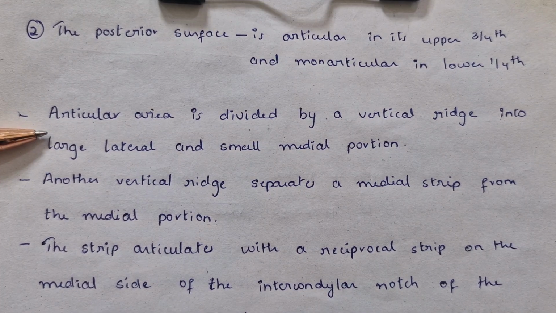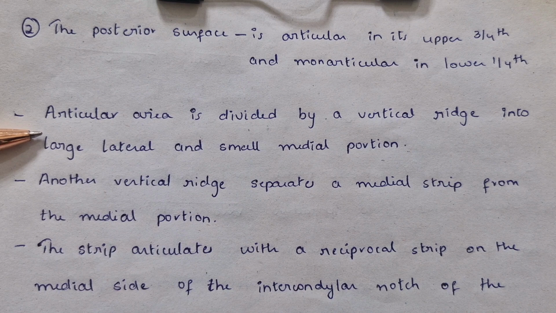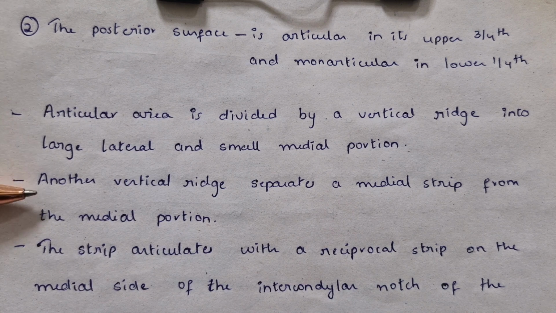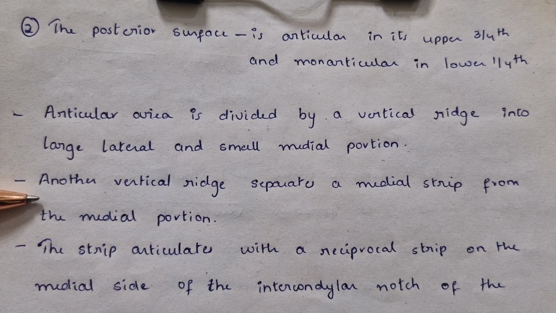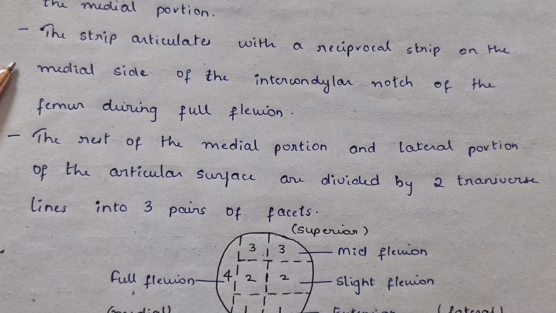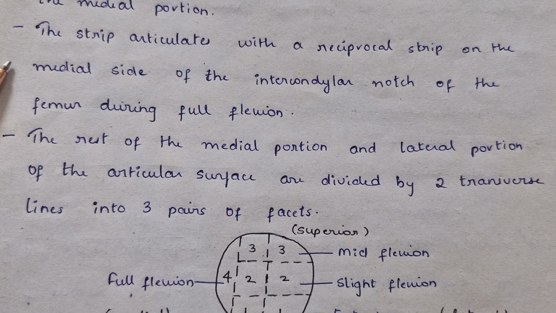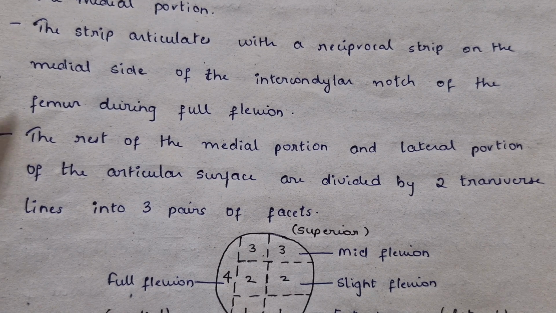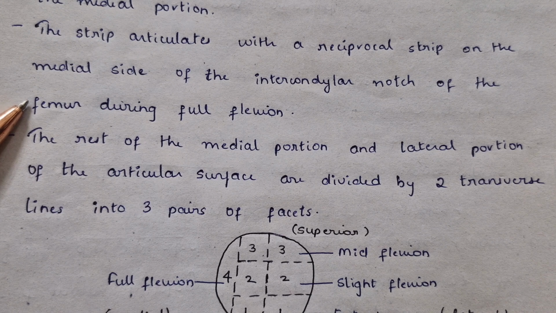The articular area is divided by a vertical ridge into a large lateral and small medial portion. Another vertical ridge separates a medial strip from the medial portion. The strip articulates with a reciprocal strip on the medial side of the intercondylar notch of the femur during full flexion.